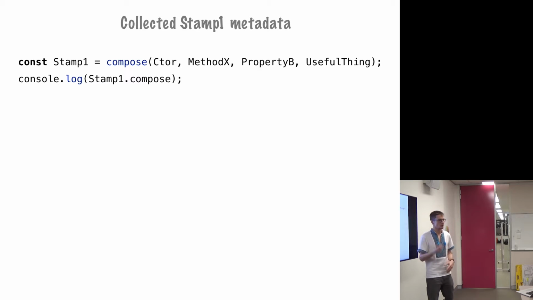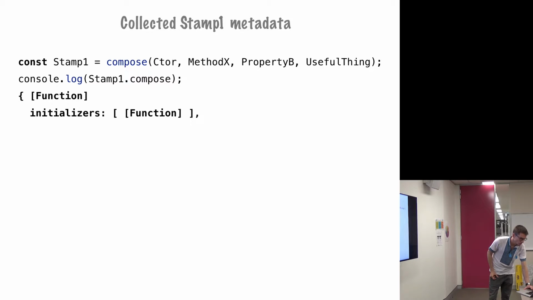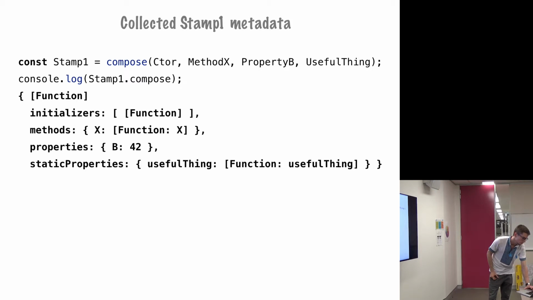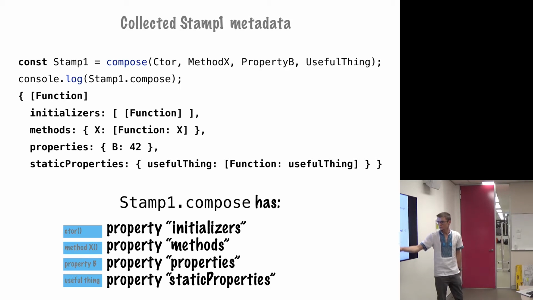It serves a double purpose: either compose this stamp with something else, and also to store metadata. So if I print it, we will see that .compose is a function which has property initializers, property methods, properties, and static properties. And at the end of the day, the stamp.compose has 4 different kinds of metadata on it, like attached.